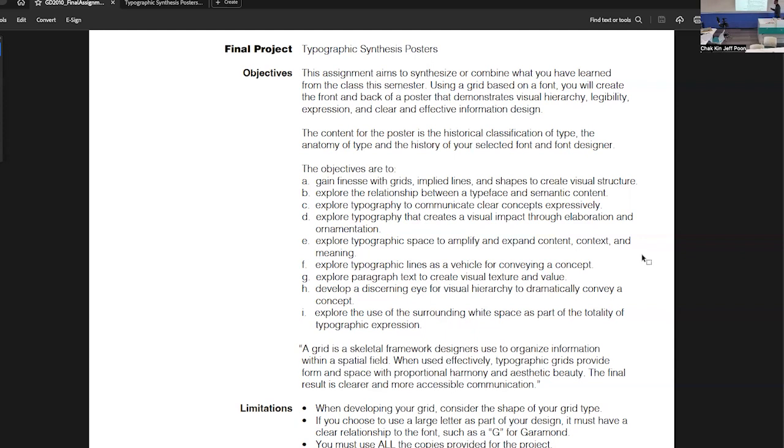And the history of your selected font and font designer. Remember the other day I showed you the look of Baskerville. The look of Garamond, remember that? Where you see those people's faces. Of course, you know, those illustrations are not real, I don't think that's real.